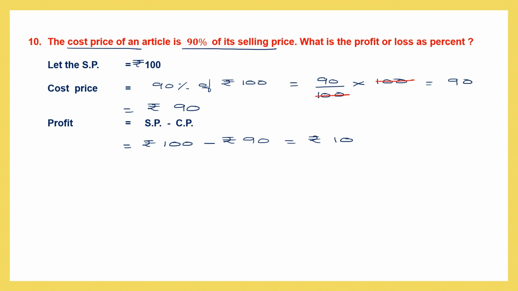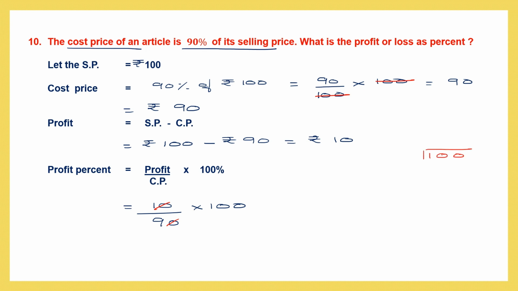Now we can find the profit percent. Profit percent is profit divided by cost price into 100%. So profit is 10 and the cost price is 90 into 100%. So here let's cancel. I can cancel this. Nothing more. I have to divide 100 by 9. So let's do that. Let's divide 100 by 9 and see what we get.